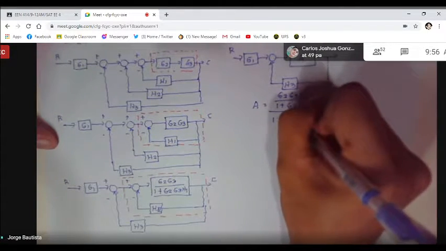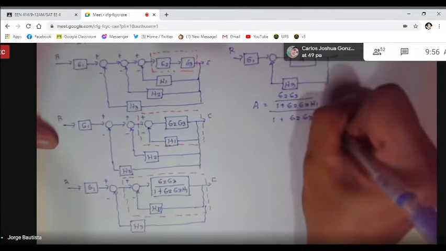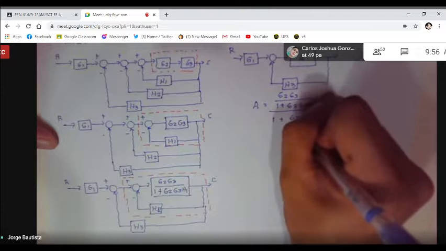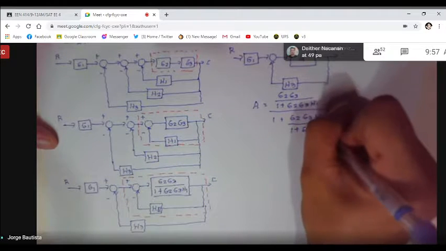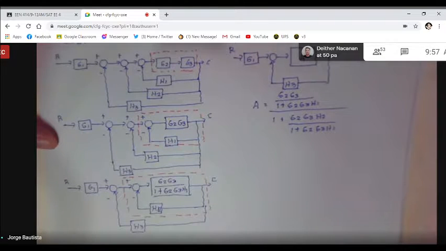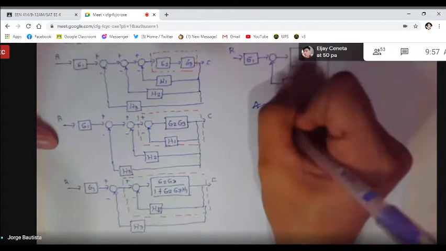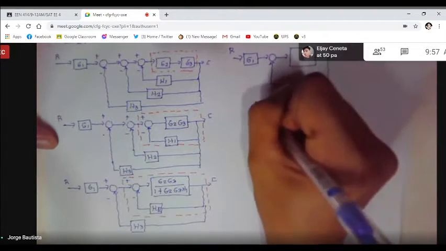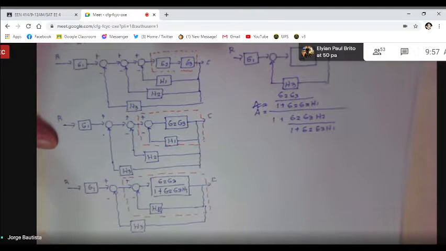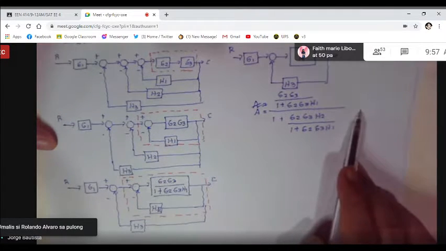Okay, so you have G2, G3, H2, all over 1 plus G2, G3, H1. Okay? So, hindi dapat dyan yung A. Dapat nandito yung A. Buray natin. So, A dapat nasa gitna. Yan. That's the proper way to write your complex fraction, no? Kasi pag dito mo nilagay, iisipin mo baka ito lang. So, dapat nasa gitna. Okay?